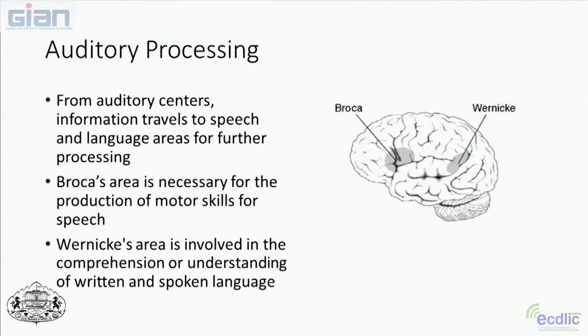Secondary auditory cortex is thought to be involved with the processing of harmonics, melodies, and rhythmic patterns. And once the sound is in the secondary auditory cortex, it then goes to the speech and language centers of the brain, which we talked about yesterday. So from the auditory centers, information travels to speech and language processing for further understanding of what these sounds are.